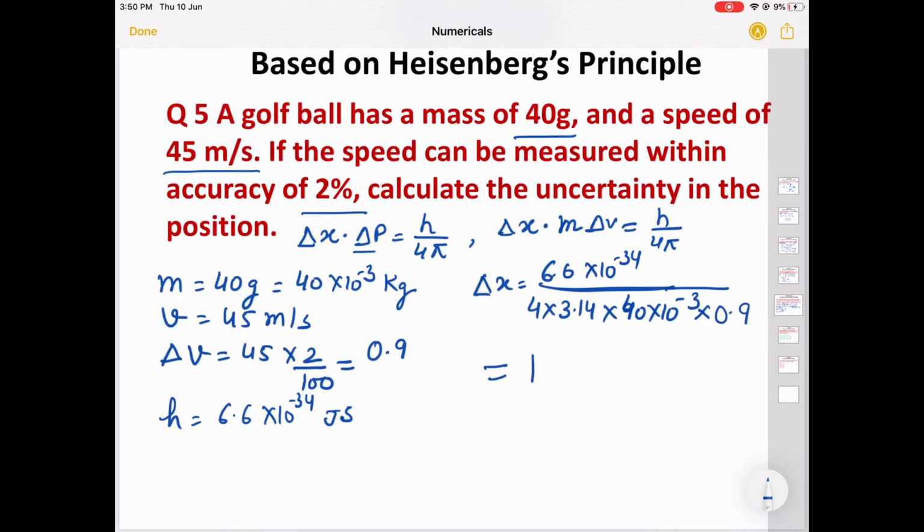Calculating this, the result is 1.46 into 10 raised to power minus 33 meter. So this is the uncertainty in the position of that golf ball.